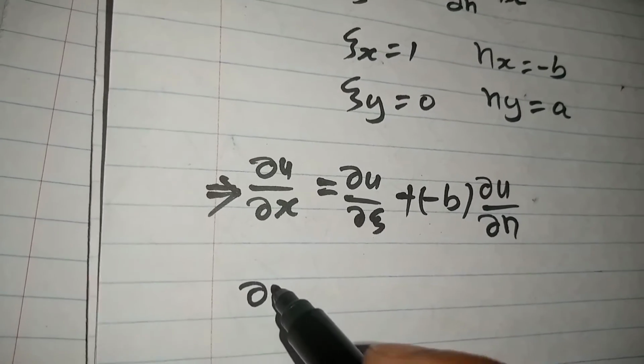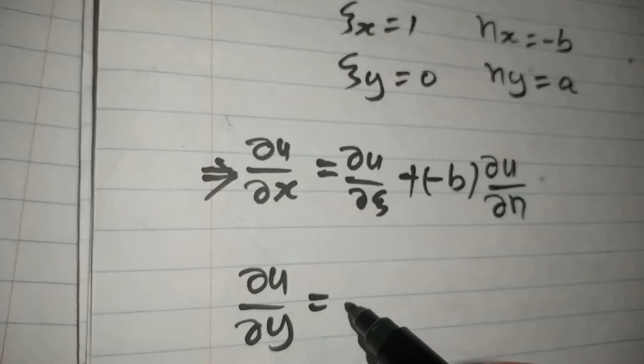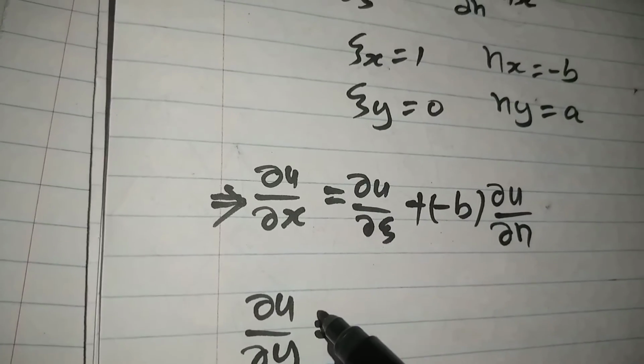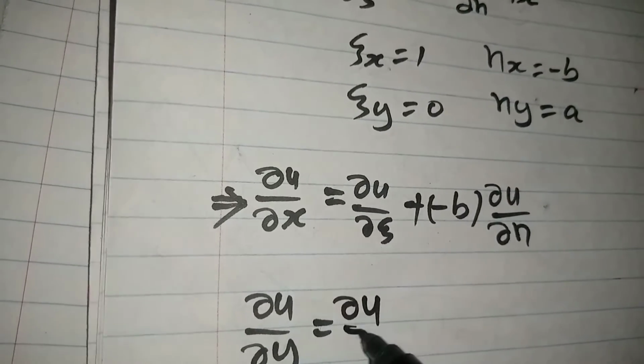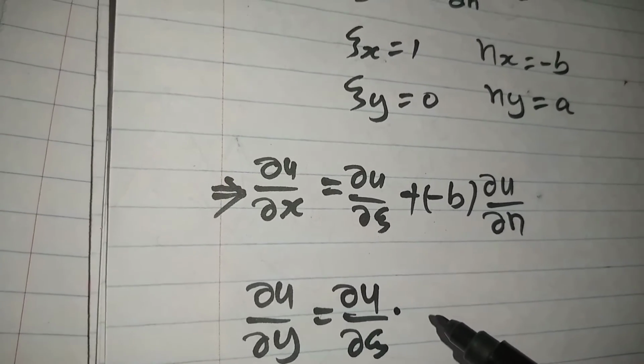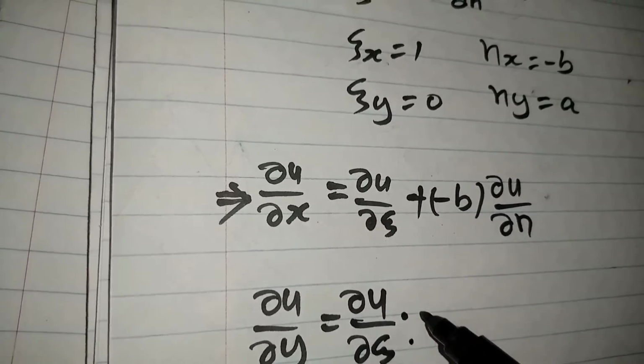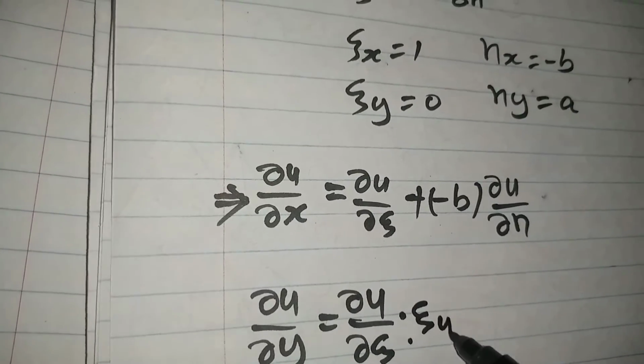the value of the partial of u with respect to y, but in terms of xi and nu. So this will be equal to the partial of u with respect to xi. Then instead of multiplying with the partial of xi with respect to y, I will just write xi y.